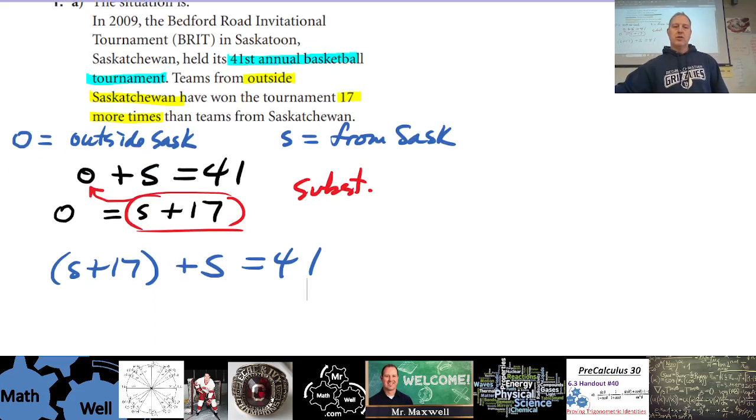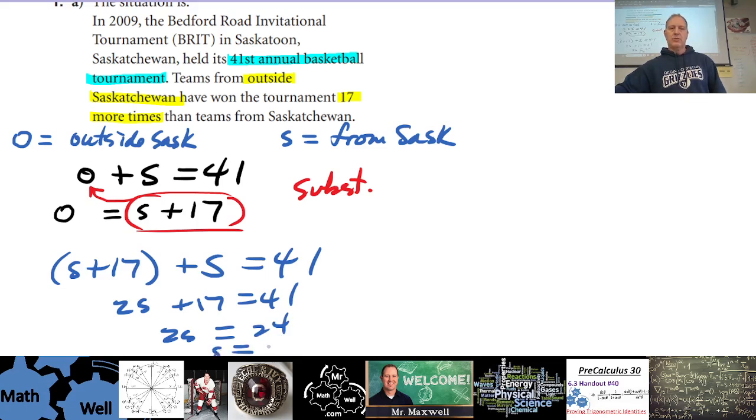All right. So this is 2S plus 17 is 41. 2S equals, what's 41 minus 17? 24. Yes. S equals 12, when you divide both sides by 2.